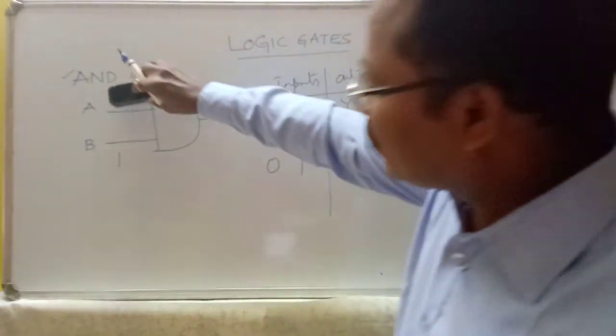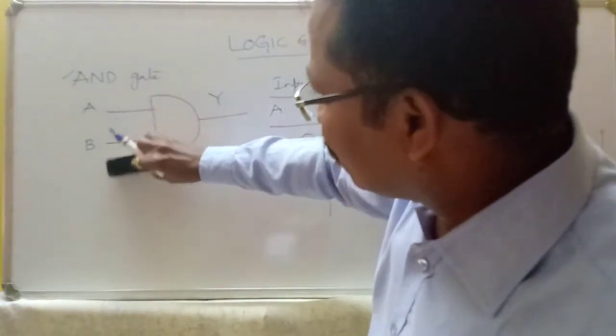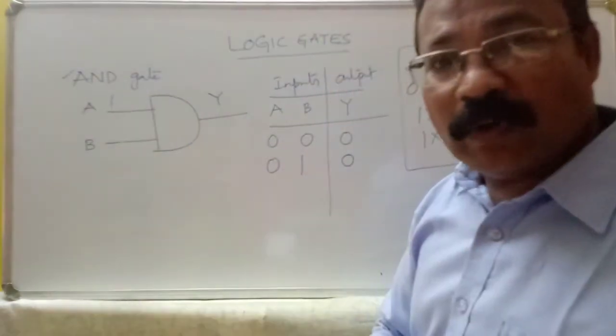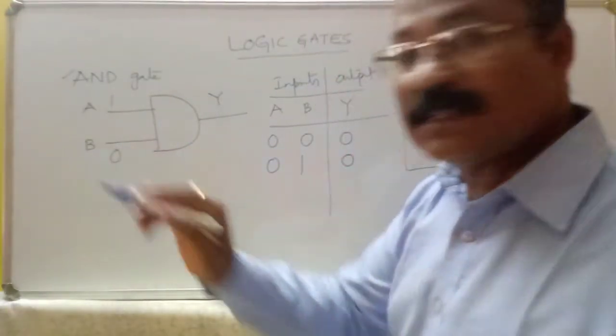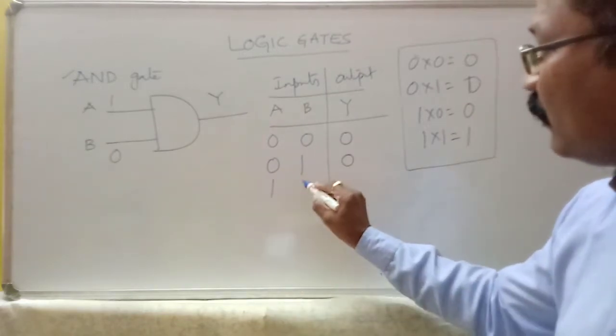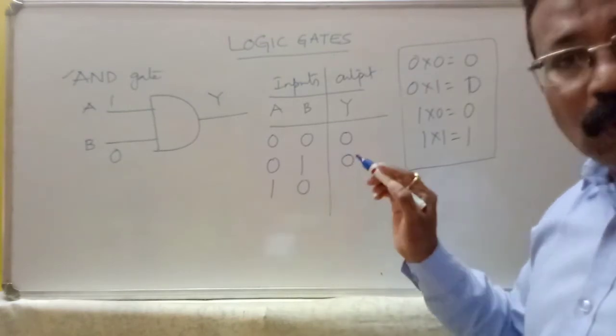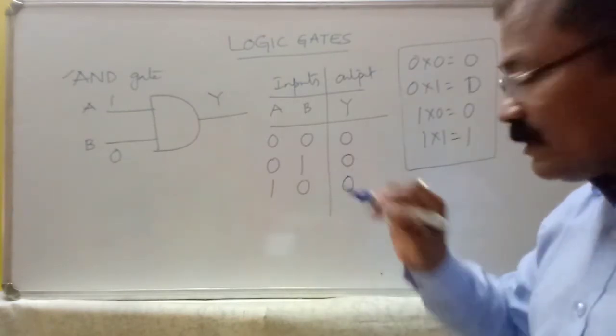In the third case, the input A is equal to 1 and the other input B is 0. According to the multiplication rule, 1 into 0 becomes 0.